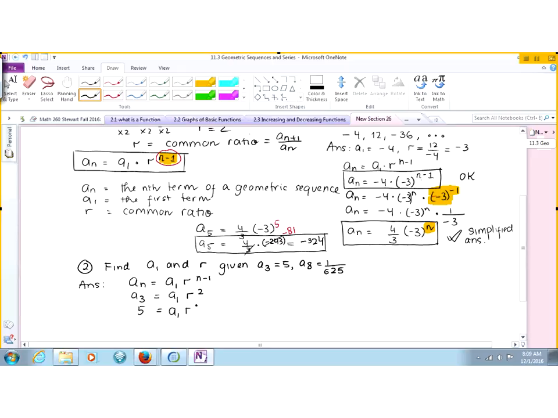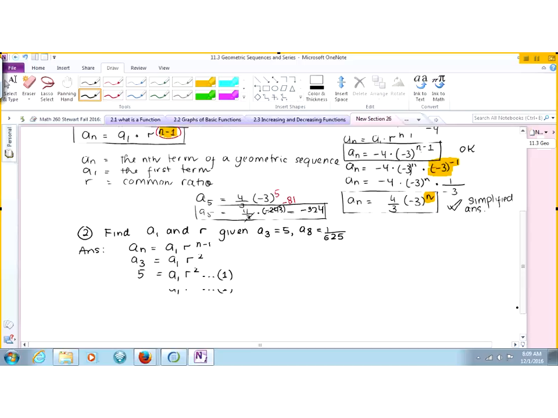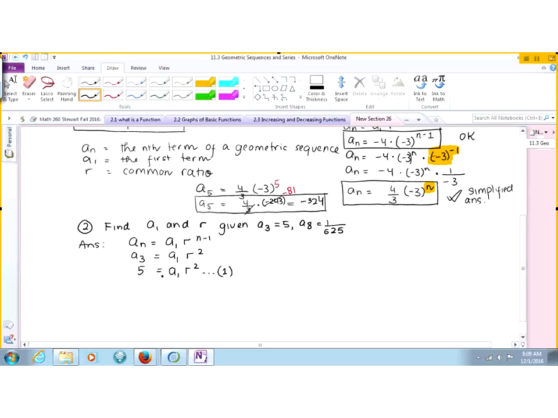So 5 is equal to A1 times R squared, isn't it? Yes. So this is equation 1. All right. Now, the next one is A8 is equal to A1 times R to the what? 7. So do we know A8? 1/625 is equal to A1 R to the 7. So this is equation 2.